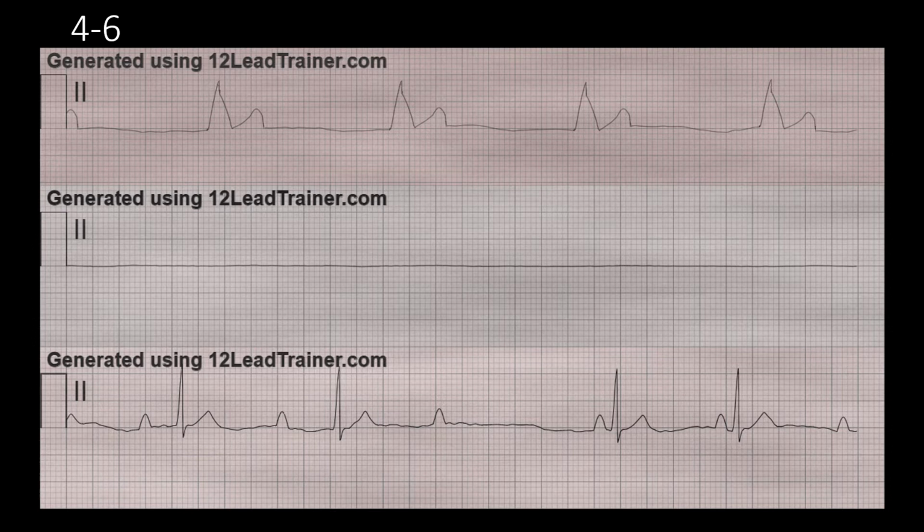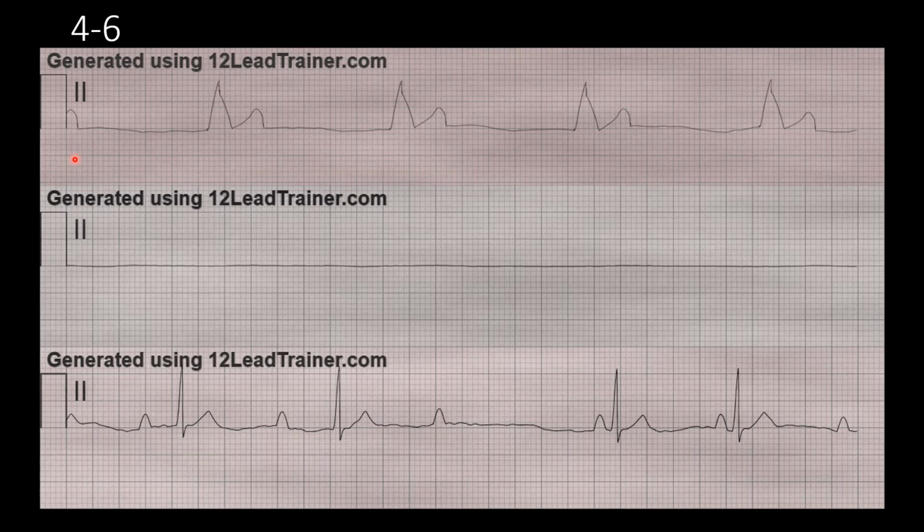And now for these ones, this top one, number 4, this is going to be pretty regular. If we look at the distance between there, and then to there, and there, all this seems pretty regular or equal in distance. So we'll call that regular.